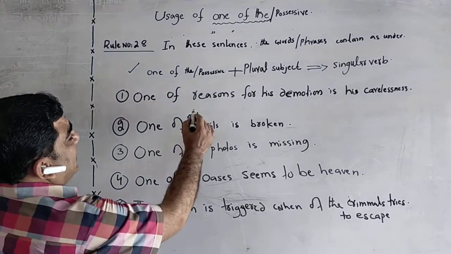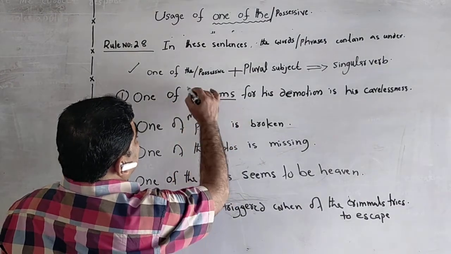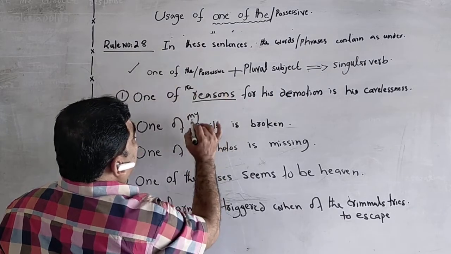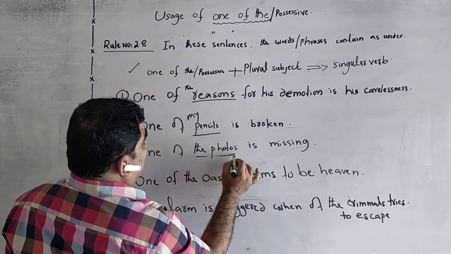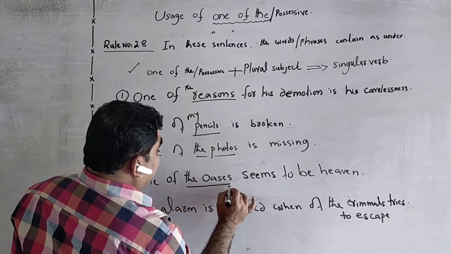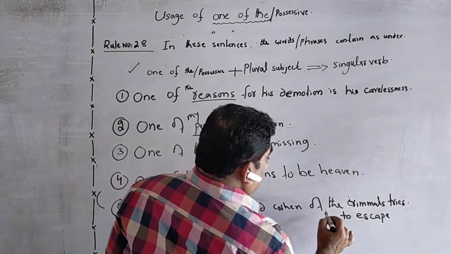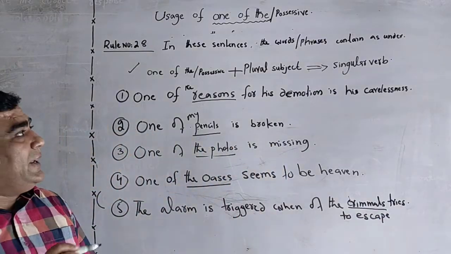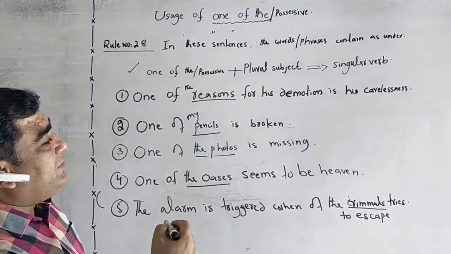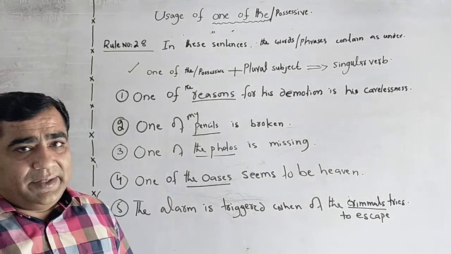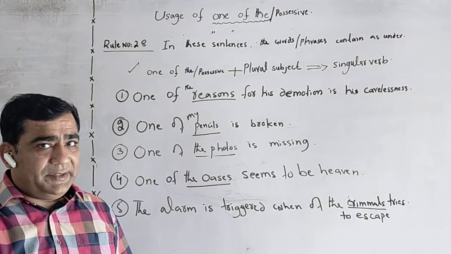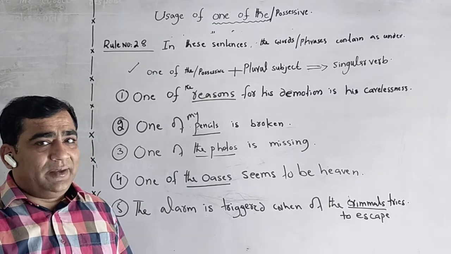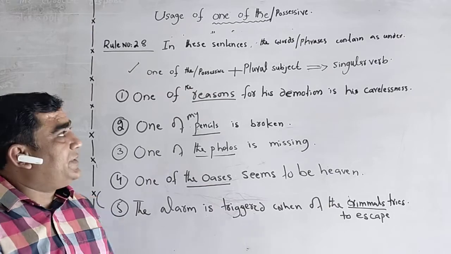Like one of the reasons, one of my pencils, one of the photos, one of the horses, and one of the criminals. Now keep in your mind, when we have this structure in the sentence in such phrases, we have to put a singular verb there. Do not be confused in this regard.